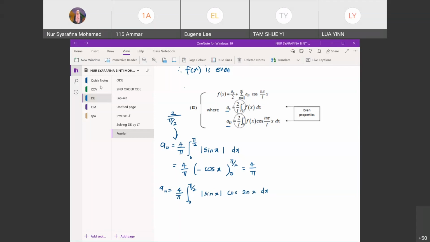Just put 2 here and then we eliminate pi. So we will have cos 2n x dx.